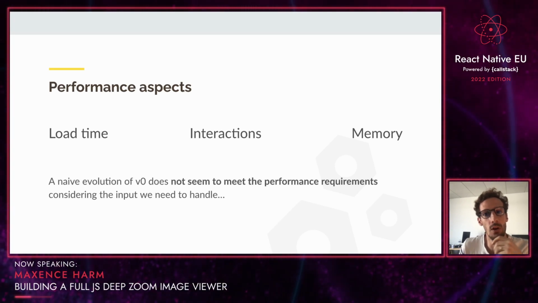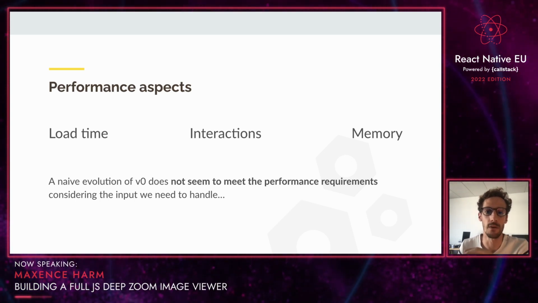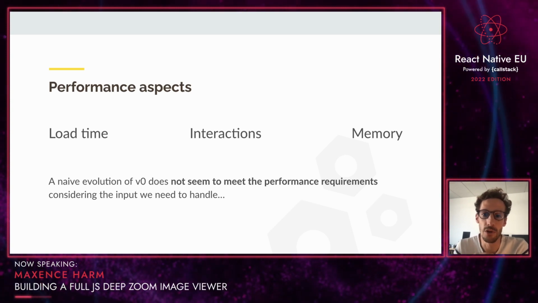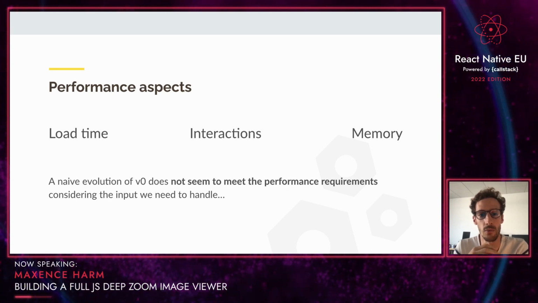So given all the requirements for the input and the performance of our feature, a naive evolution of v0 did not seem to meet the requirements, considering what we had to do.